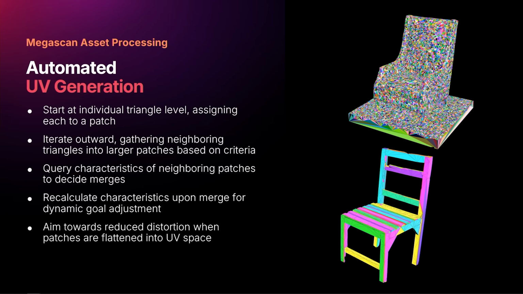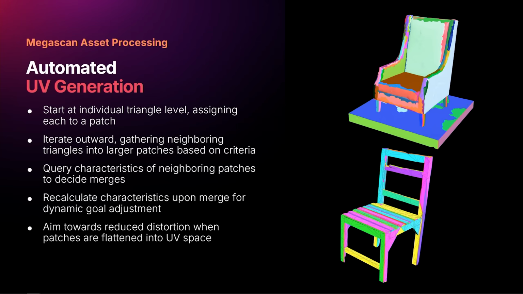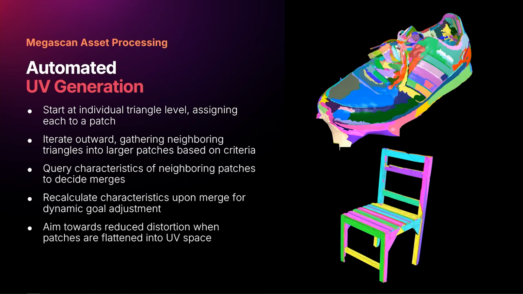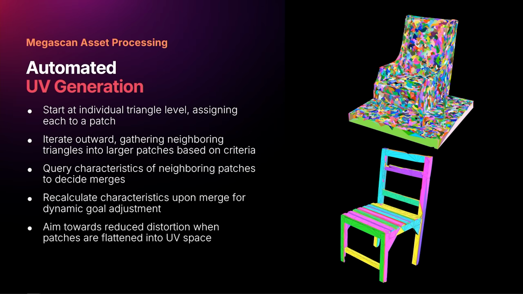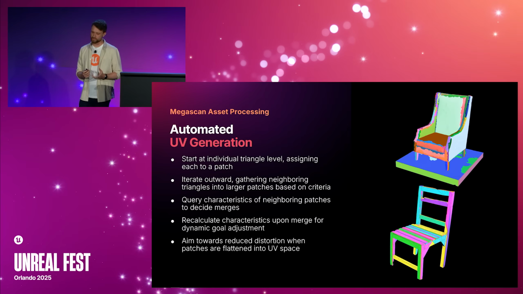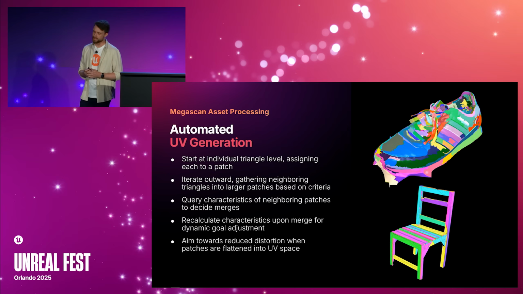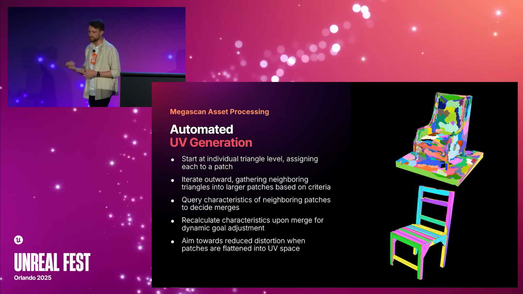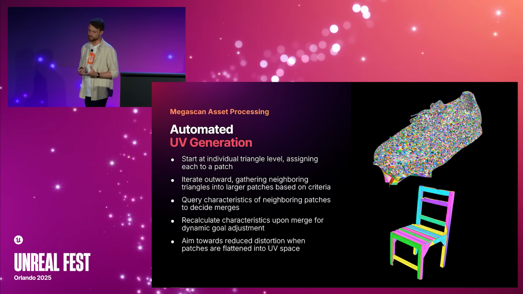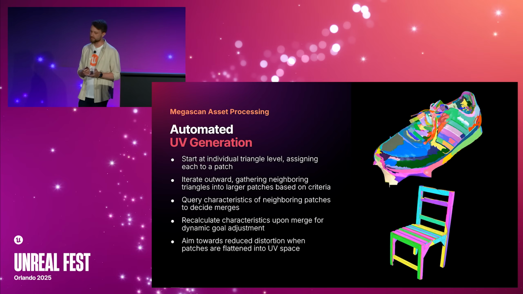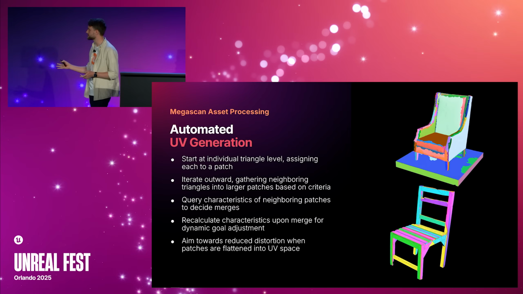At each step, we query the characteristics of neighboring patches to determine which, if any, to join up with. By recalculating those characteristics when the patches merge, we can dynamically adjust our goals for the next round of merges towards reduced distortion when the resultant patches are eventually flattened from 3D into UV space.